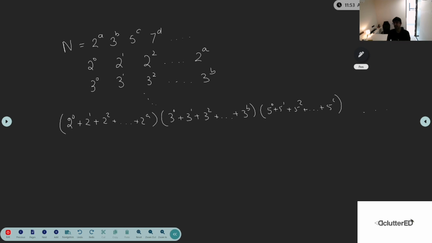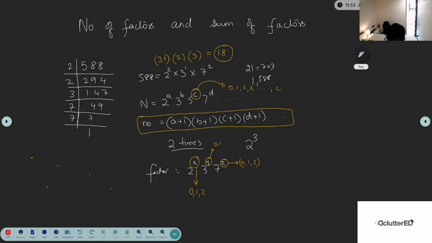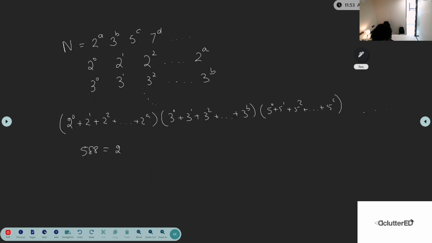The reason being, let us say we had to add in the given number of 588, which is equal to 2 square into 3 into 7 square, (1 plus 2 plus 2 square) into (1 plus 3) into (1 plus 7 plus 7 square).